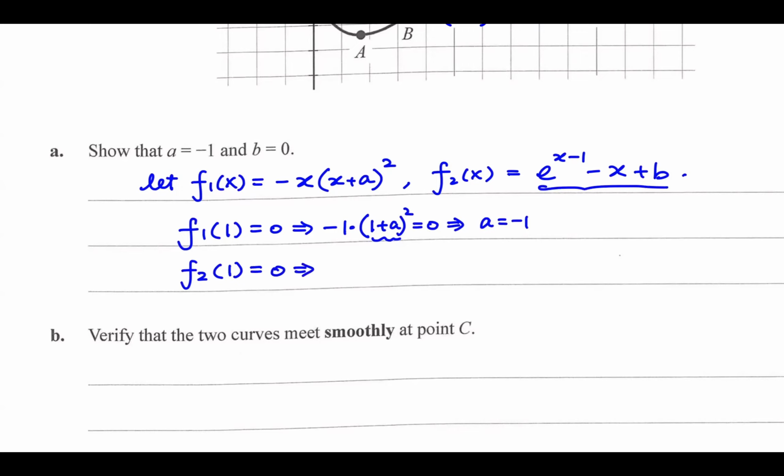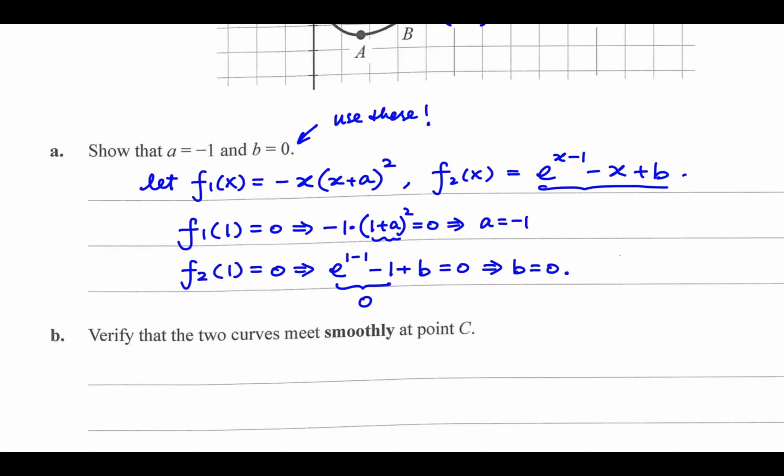So I will be substituting the value in here, e to the power of 1 minus 1, minus 1 plus b equals 0. So we know this bit will be 0, and therefore b equals 0. And that's it.